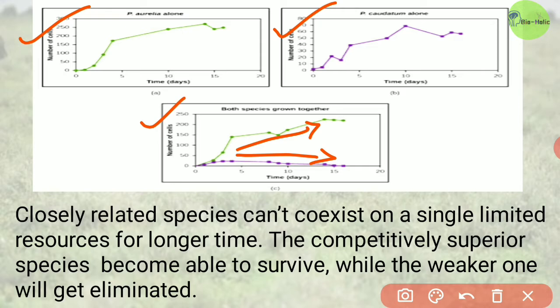So lastly, he concluded that closely related species cannot coexist on a single limiting resource for a longer period of time. The competitively superior species is able to survive, whereas the weaker one will get eliminated. Okay?